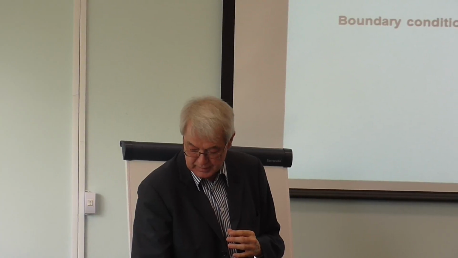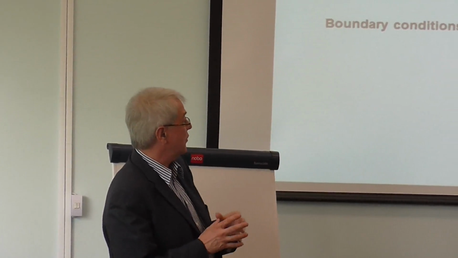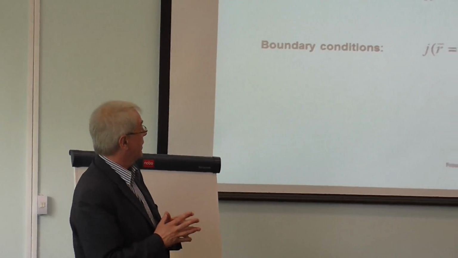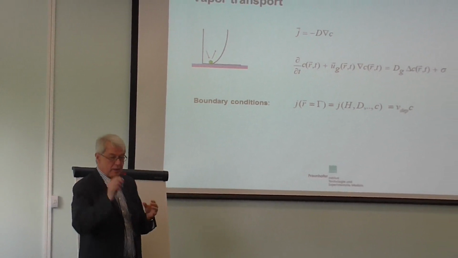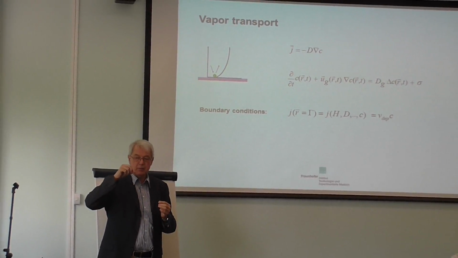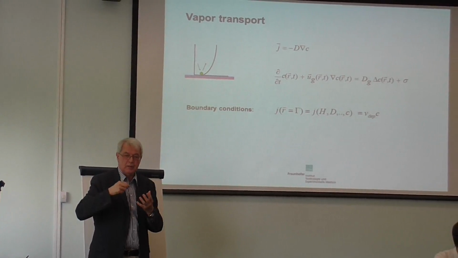So let me just spend a few words on vapor transport. You also have a transport equation, but the major difference is that when a gas molecule hits the liquid surface, it may not be accommodated, may not be collected.